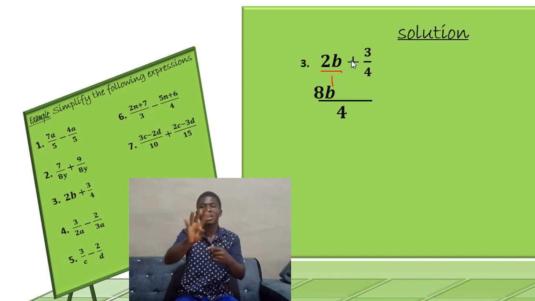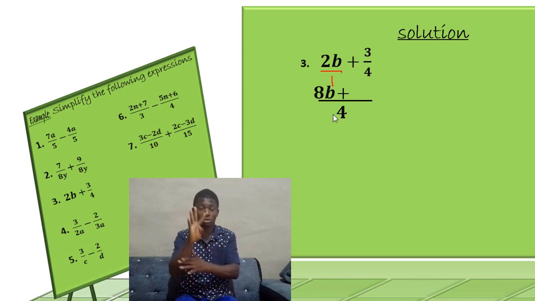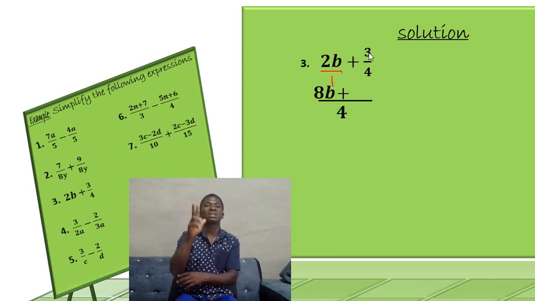Then this addition comes down. Here is 4, this 4 dividing this 4 is 1. The 1 multiplying 3 is 3.